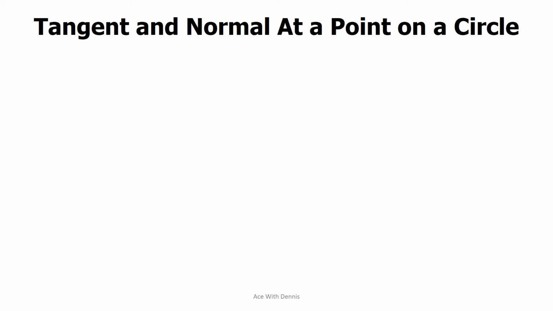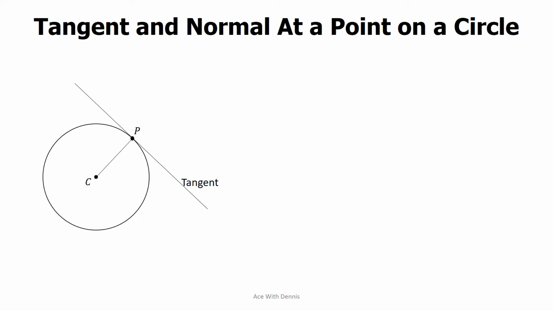Tangent and normal at a point on a circle. Let's say this is a circle with the center C. This is the tangent where it touches the circle at one point, point P. We can join point C and P with a straight line, and it should be perpendicular to the tangent.